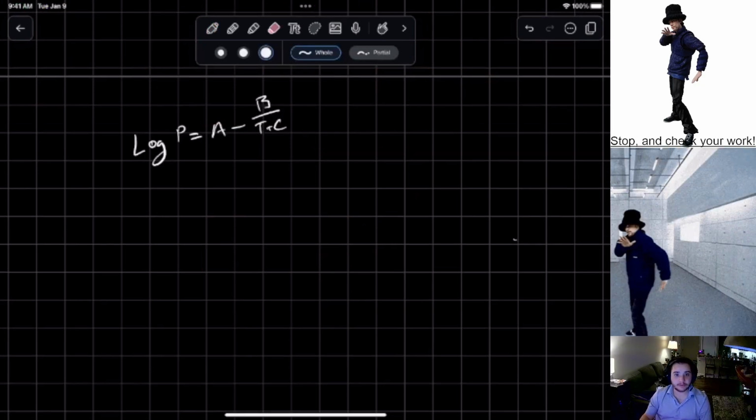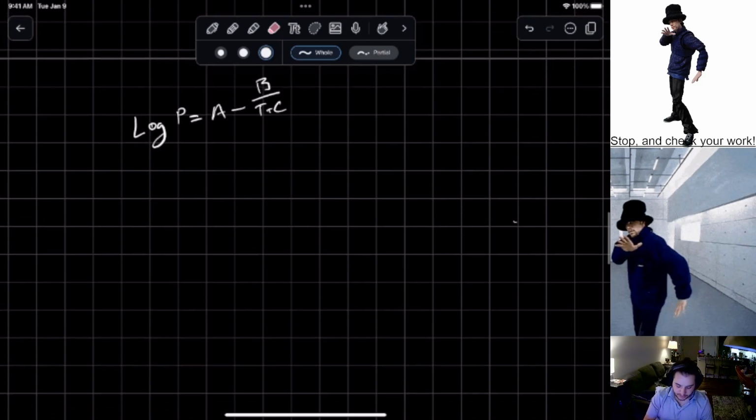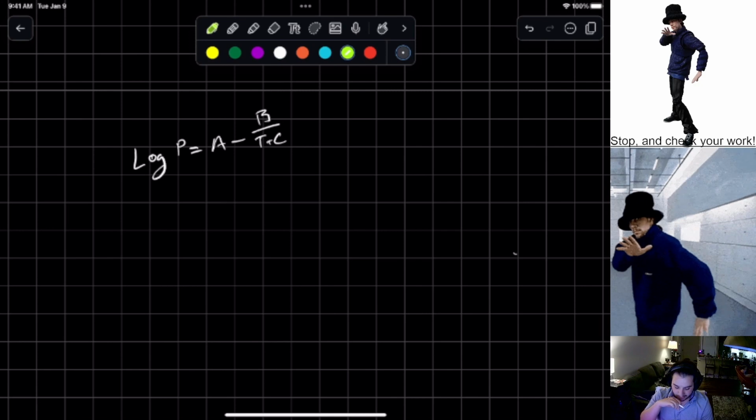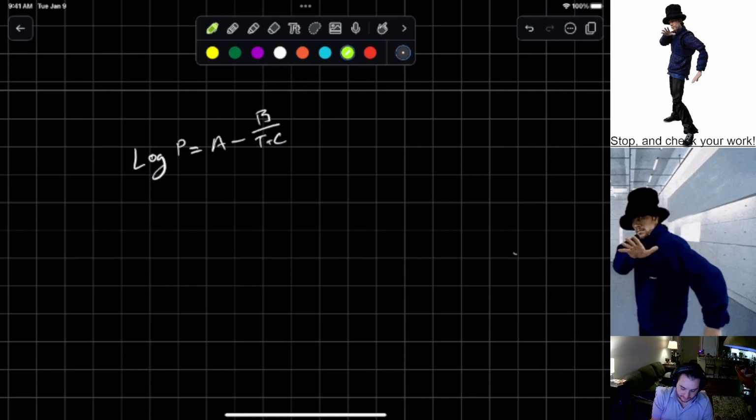All right. So right now we have to kind of fit this Antoine equation to the multilinear regression design matrix that we just made. So we have the Antoine equation right here, right? Log P is equal to A minus B over T plus C. So let's change this a little bit.